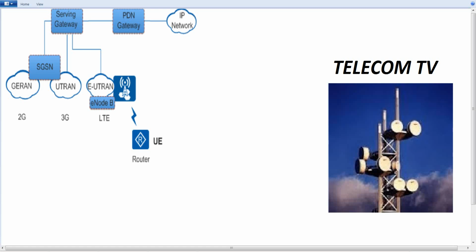What other advantages can LTE give? You have a quality of service guarantee. That is, you have a better quality of service for whatever services you have opted for. And there is the delay which exists in the telecom network.